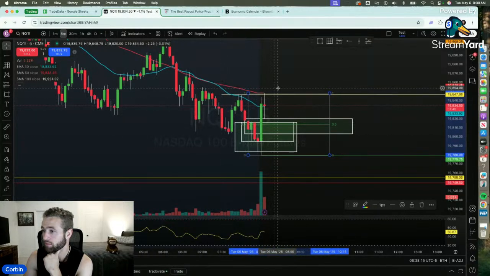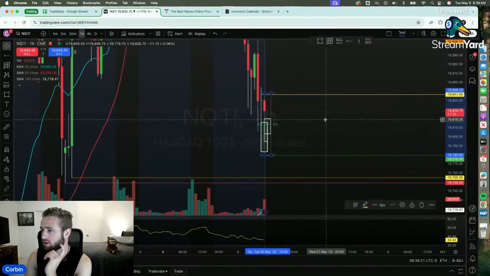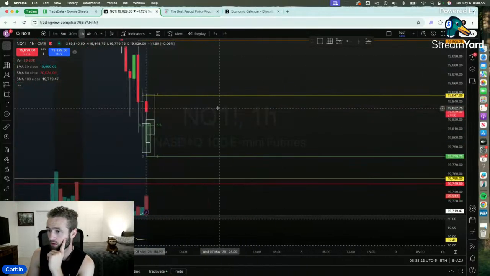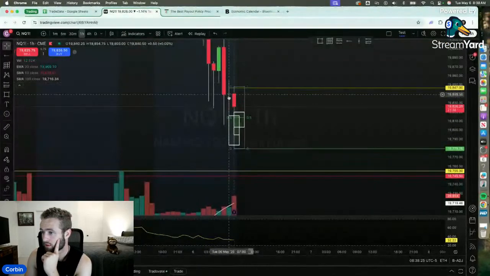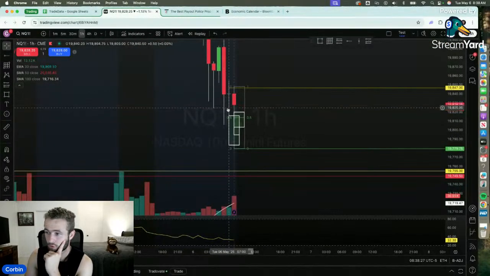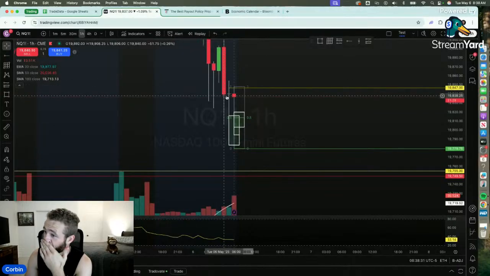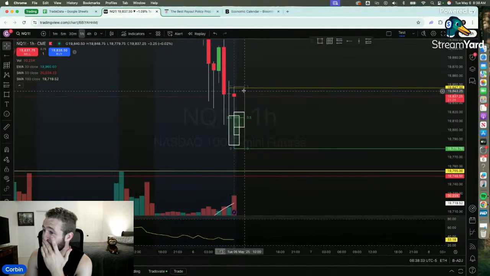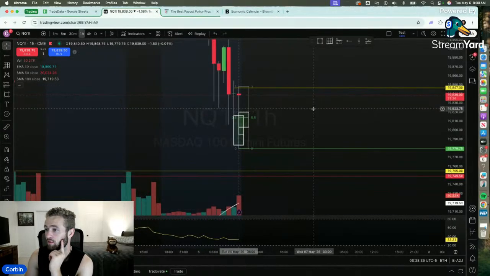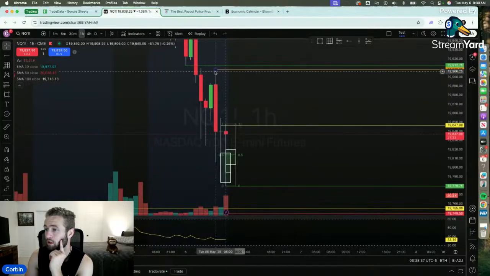Because if it can't break above that, was that a 30-minute or 1 hour? 1 hour. Move down and move up, or move up and then move down. Yeah, we're still waiting on that to form. But we had a move up and then move down.